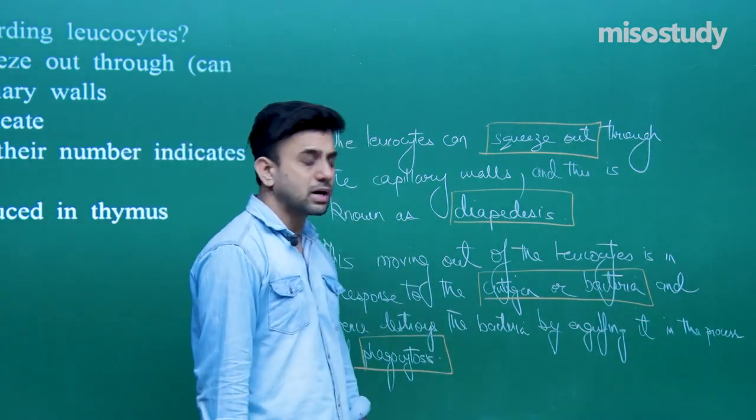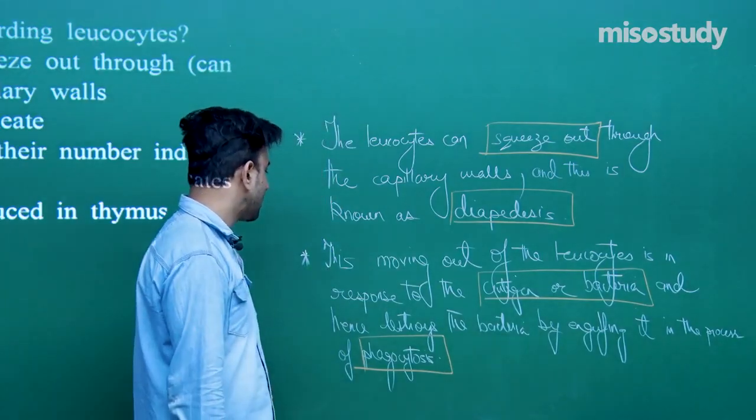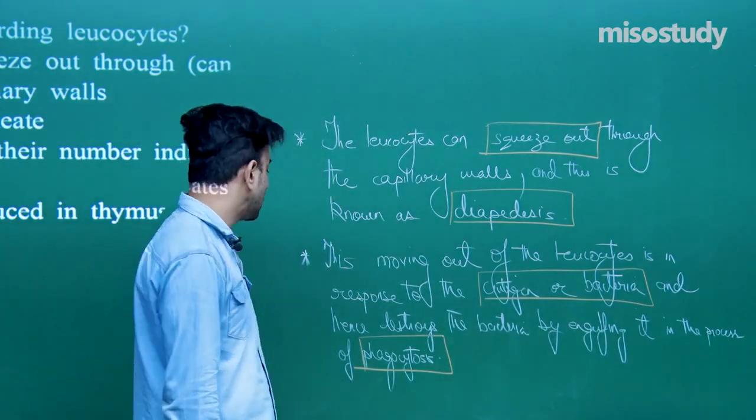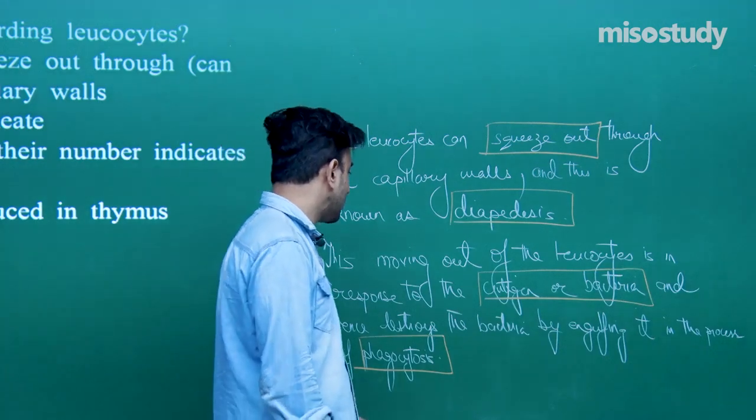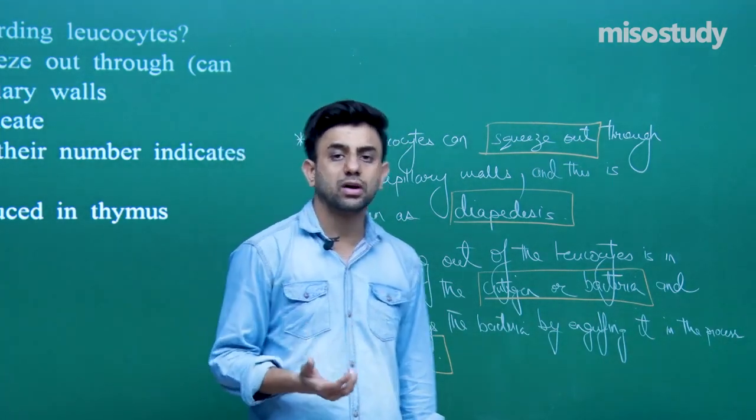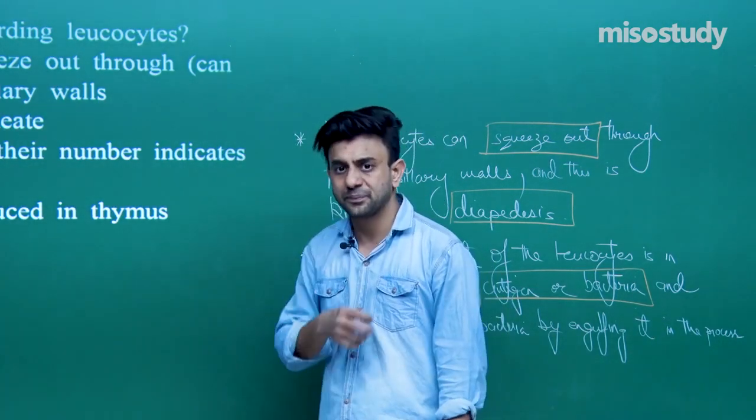Okay, so as simple as that. That is, the moving out of the leukocytes is in response to the antigen of the bacteria and hence destroys the bacteria by engulfing it in the process of phagocytosis, right.